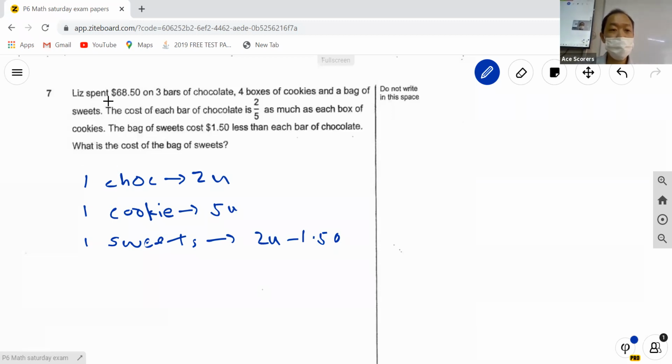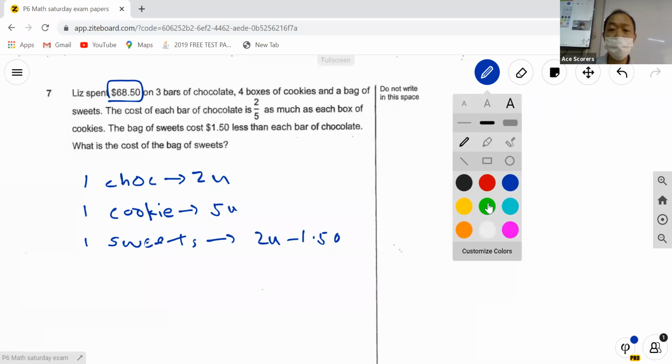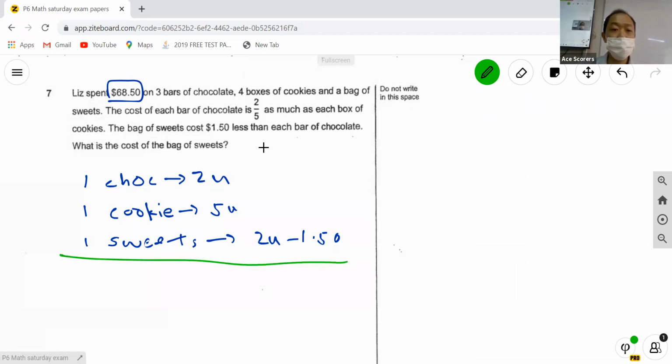Now we have a total sum of money, which is $68.50 for all of this. What we need to do next is to convert every one of them. 1 chocolate equals 2 units, so 3 bars of chocolate is 6 units. 4 boxes of cookies: 1 cookie is 5 units, so 4 boxes is 20 units.